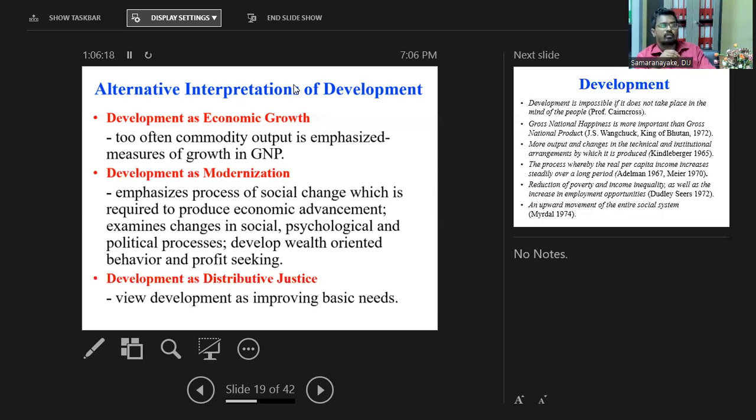And then we have a further interpretation from this perspective: development as distributive justice, right? It is about improving fair distribution, providing justice for fair distribution of wealth or whatever across people, across countries. And then they view development as improving basic needs of people, right?